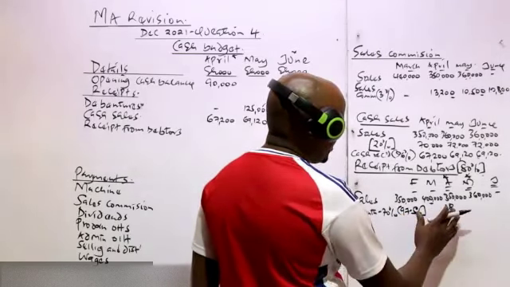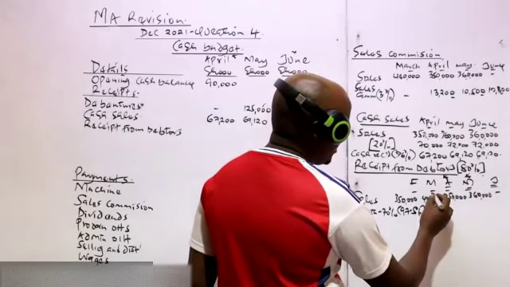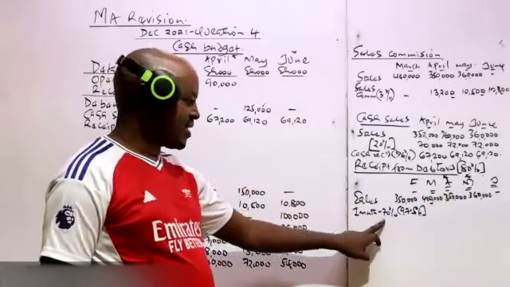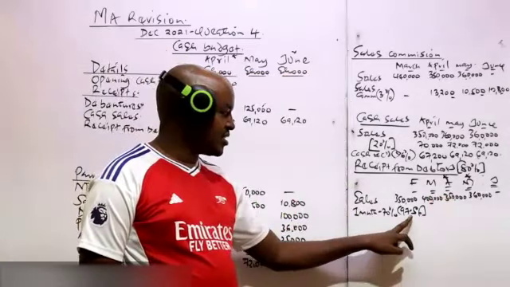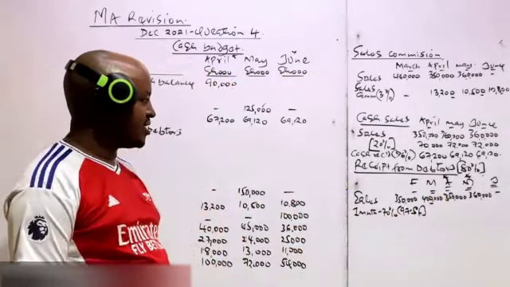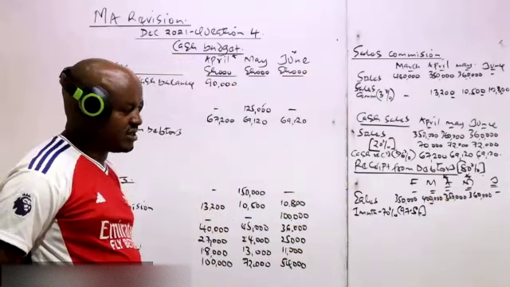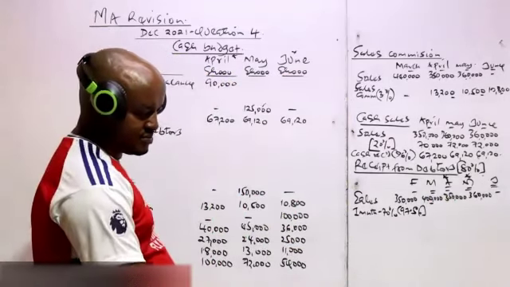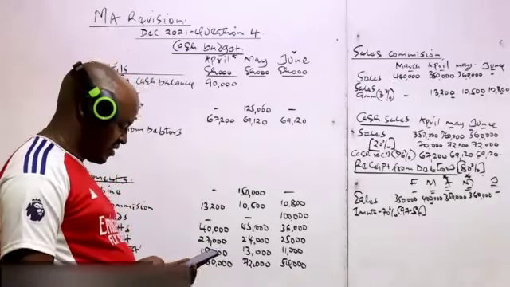These ones are paying after 1 month. We take the sales which were made in March, get 70% of that, and then times 97.5. That will give us what?